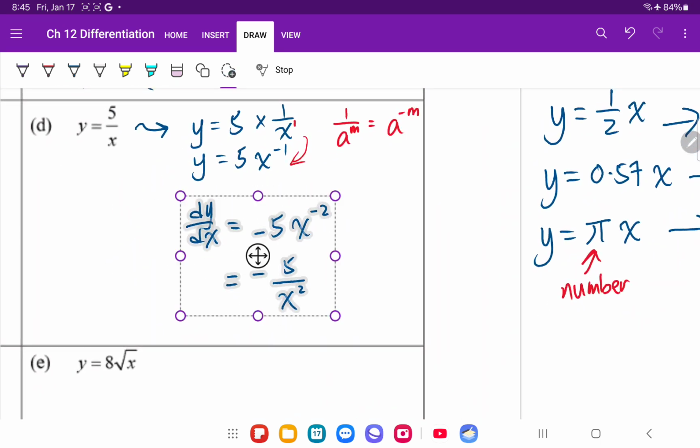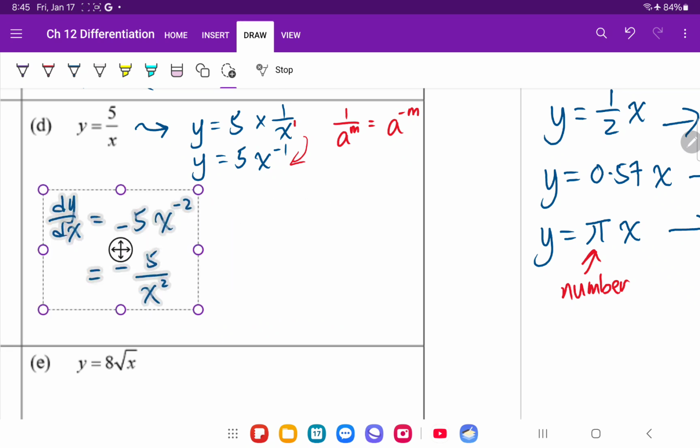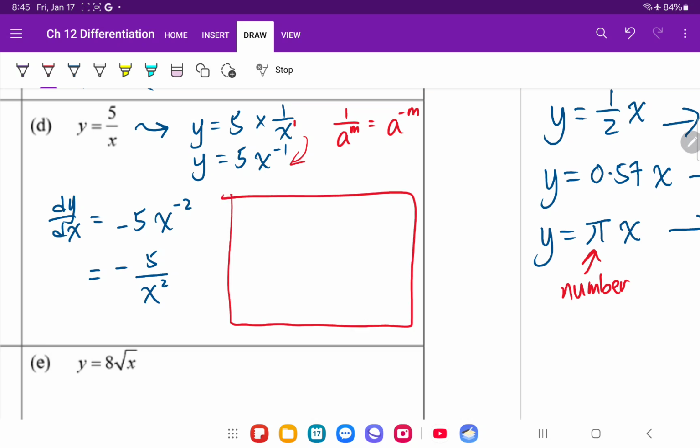Okay, let's show the longer way on the right hand side. Those who need to do it in the longer way, this is your working. Dy/dx equals 5 bracket. The power comes down, the power reduces by 1. So negative 1 subtract 1. You will still get the same answer.